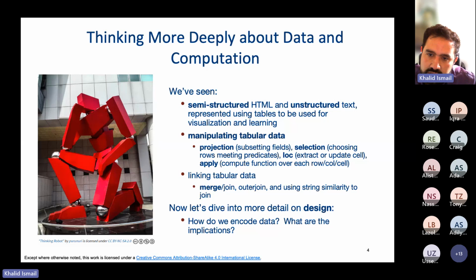And these tables have been used for visualization and for learning, right? And then within these tables, you can simply do some manipulation of the tabular data. Manipulations such as, for example, projection, i.e. subsetting fields, and selection, so you can select a sample or some observations from your data.